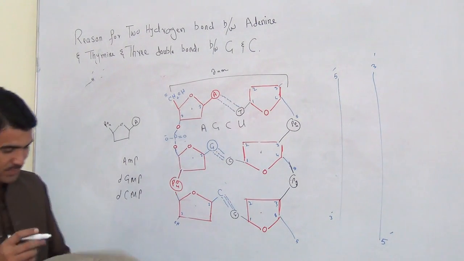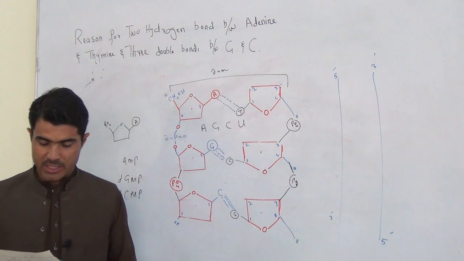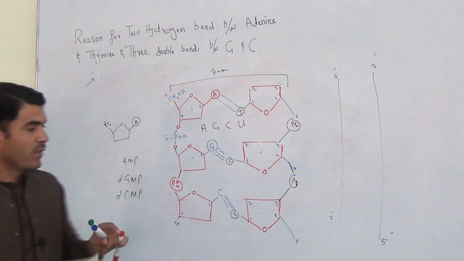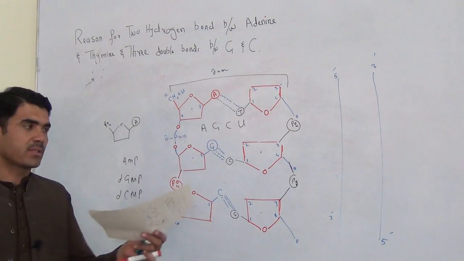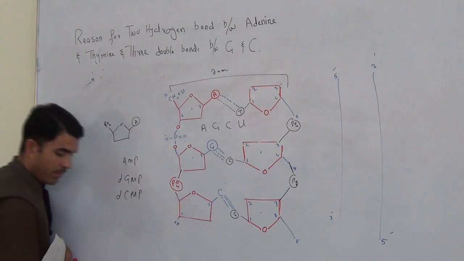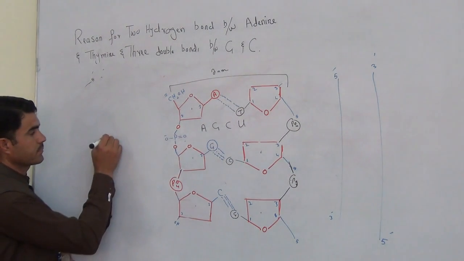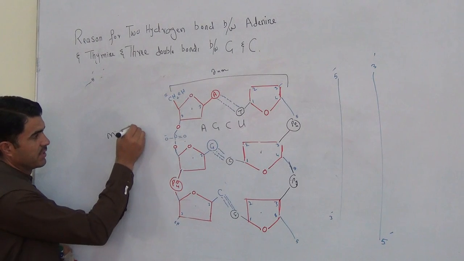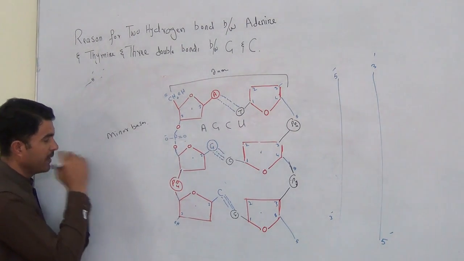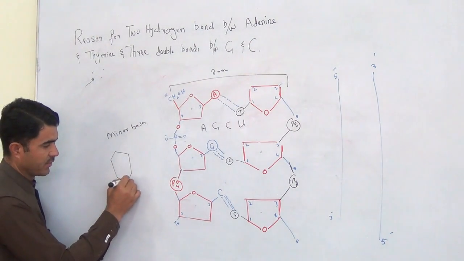Now finally we got almost all these questions. If still one thing, minor bases, what are minor bases? One was nitrogenous bases like purine and pyrimidine, right? The minor bases are actually modified purines and pyrimidines. Just don't worry. Let's suppose this is pyrimidine, okay?